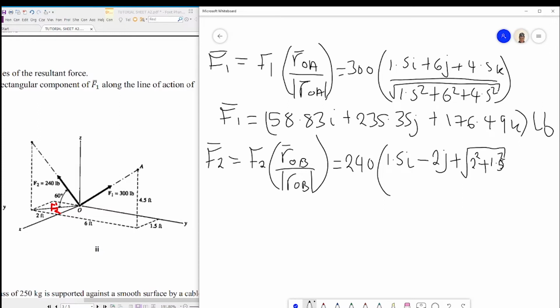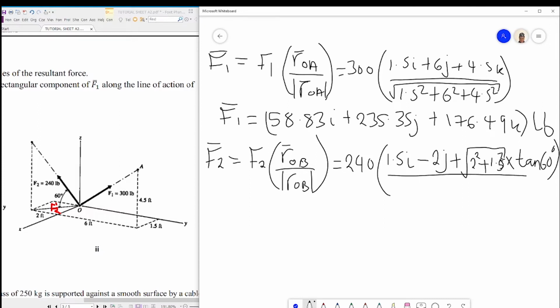This is how you get your F2 prime, and since it's the adjacent, it has to be multiplied with tan 60 degrees.